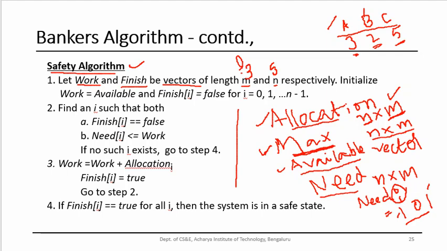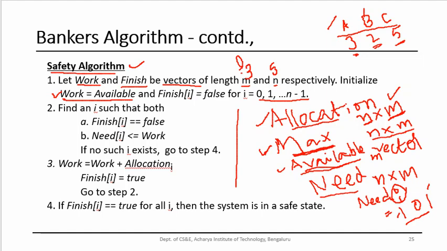Respectively. So initially the available is assigned to work. Available is also a vector, like I told you, of length m. So that is copied to the data structure work, and finish of i, where i varies from 0 to n minus 1, where n is the number of processes.